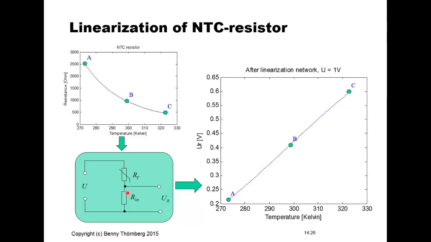And with the computed resistance value, you will get this kind of response between 270 and 330 Kelvin. And now it looks pretty much like a line in this range. So it seems like this linearization actually works.